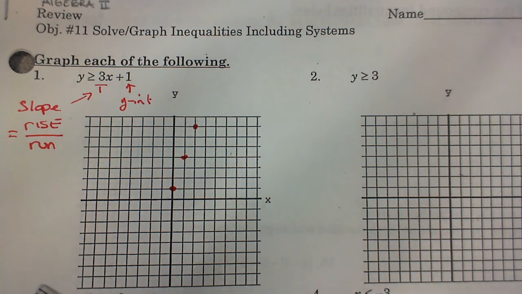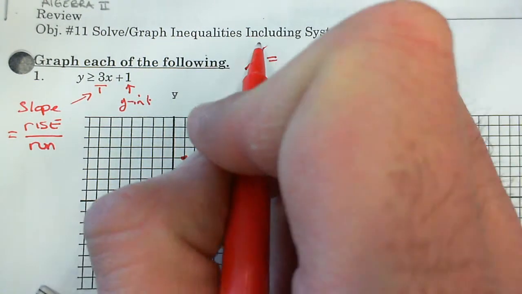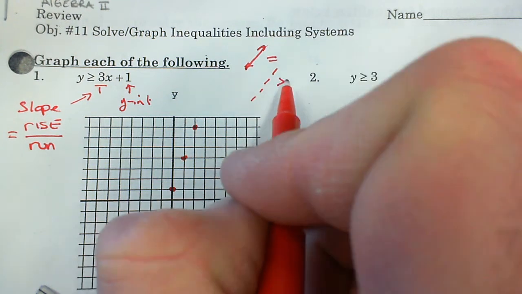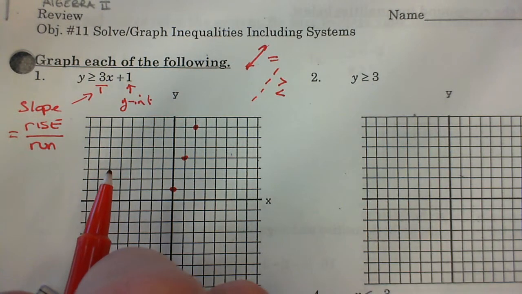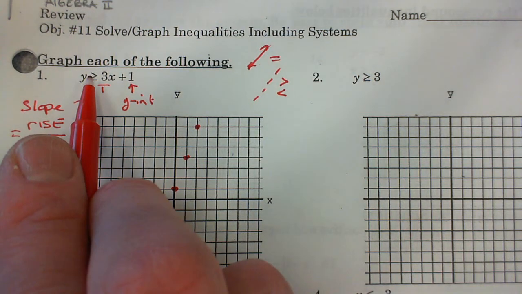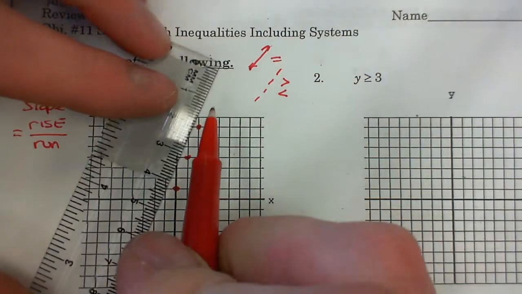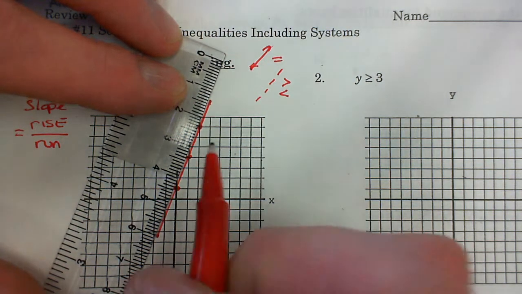You use a solid line if it's equal. You'll use a dashed line if it's just greater than or just less than. Okay. So here, because it's greater than and equal to, this would be a solid line. So we're going to go ahead and connect that up.